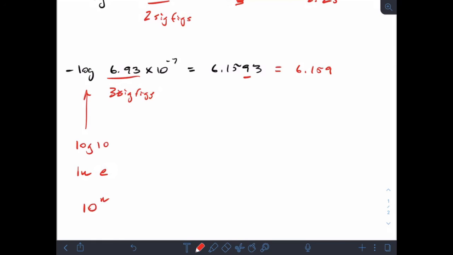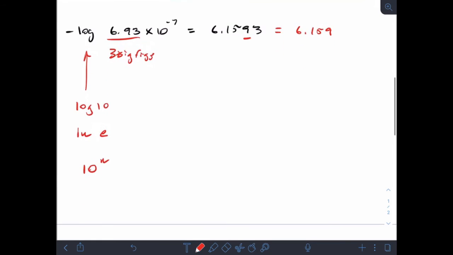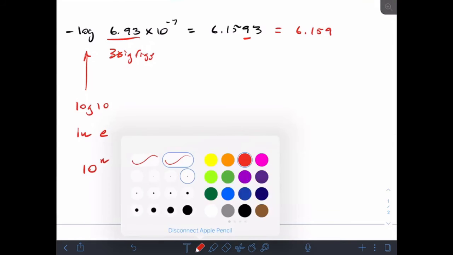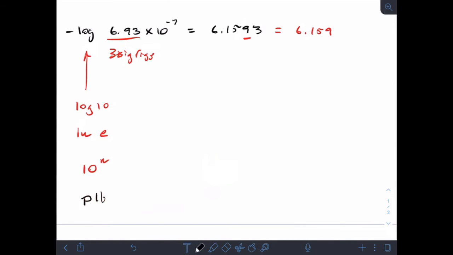Let's say the pH of something is 4.25, and I want to know what the H plus concentration is.